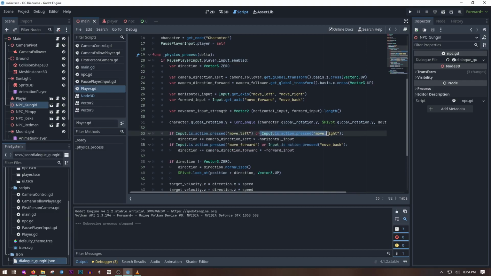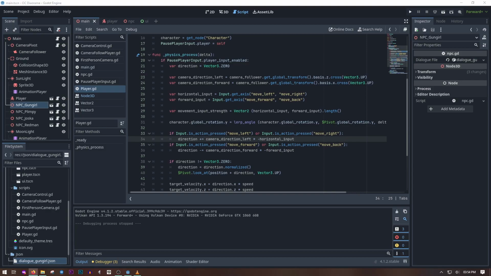So input is action press move right, direction plus equals. I was told what this means. I think it's sort of adding, or equal. I don't really know, but I know that's what you put. It's hard to Google that because, what does plus equals mean?